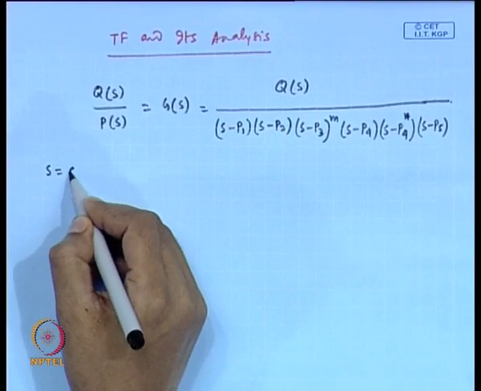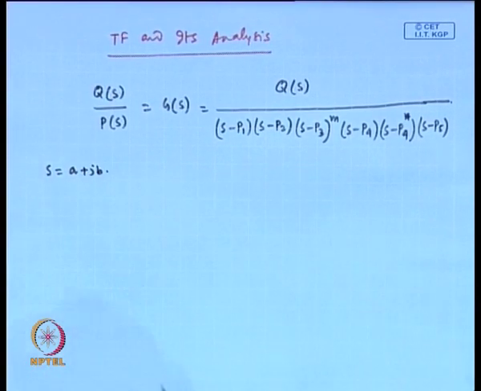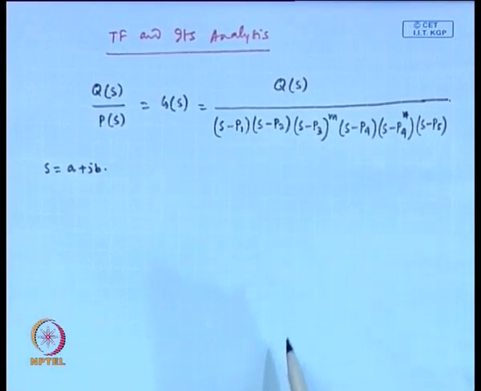Now, s is basically a variable which is defined in the complex plane in this way. I mean, this is the form of s: s equals a plus jb. Fine. s is defined in the complex plane by this form. Now, considering this general form of a transfer function, we will discuss different types of poles.